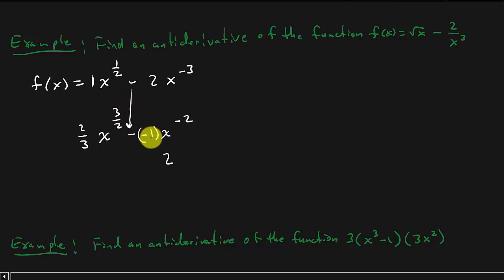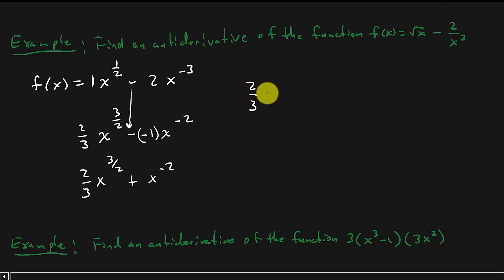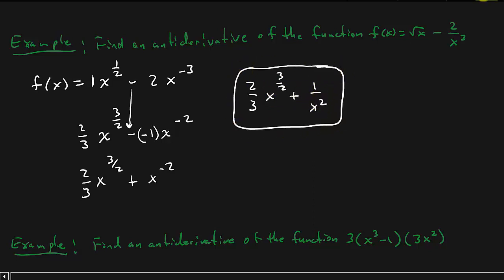See, so I've got negative 2 times negative 1. So this is going to be 2/3 x to the 3/2 plus x to the negative 2. All right, and so that would give me 2/3 x to the 3/2 plus 1 over x squared. And there's my antiderivative.